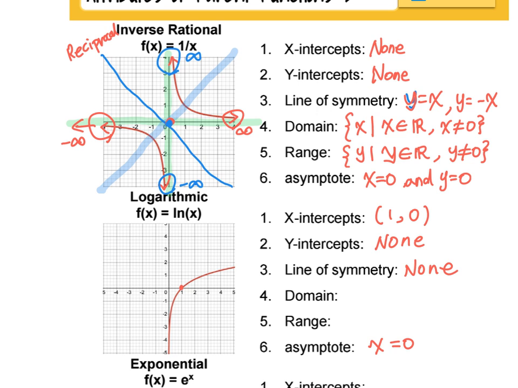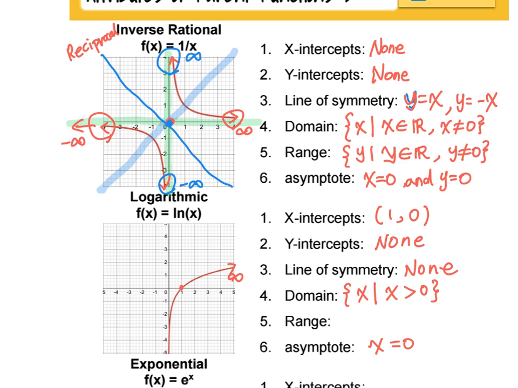And domain, as you see, it only grows to the right side, and it never passes through the 0, right? So we can write this as the set of x such that x is greater than 0. Don't include the equal sign because the graph is never going to pass through x equals 0.